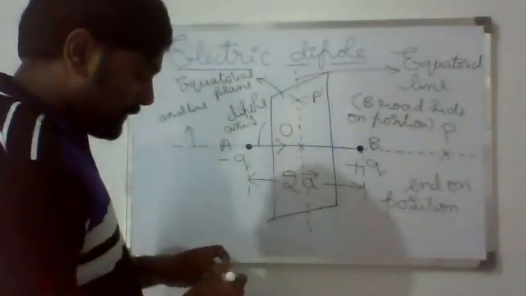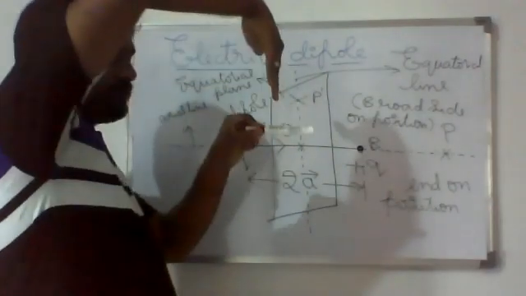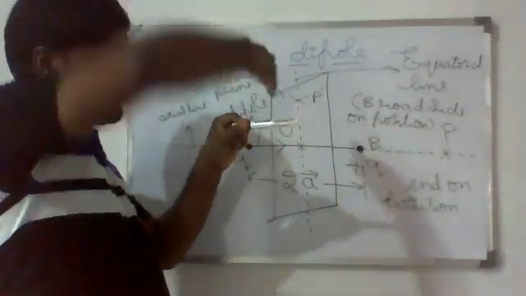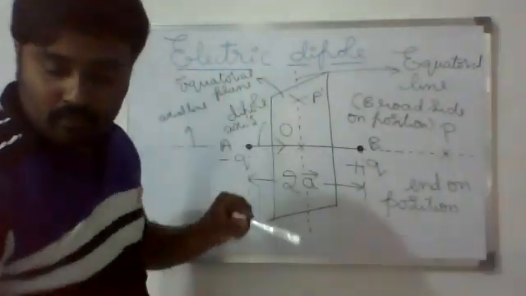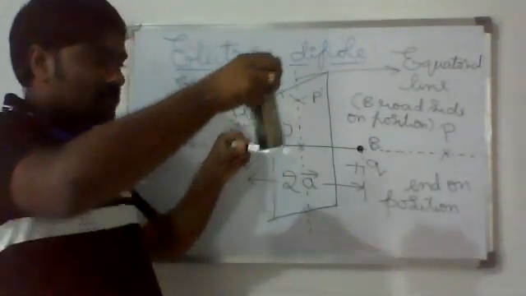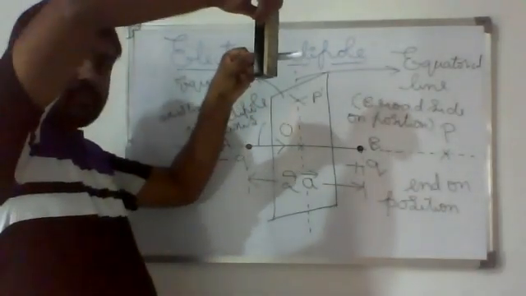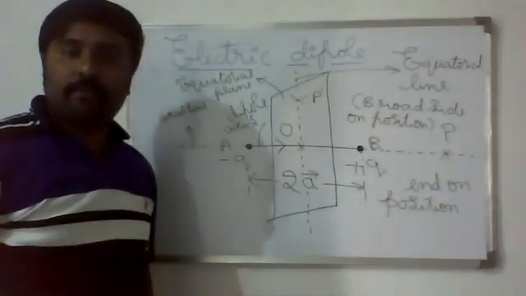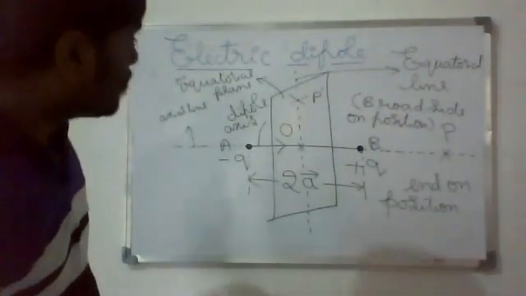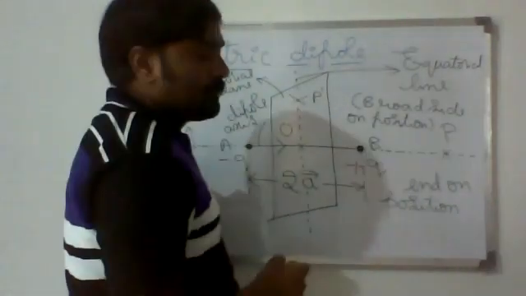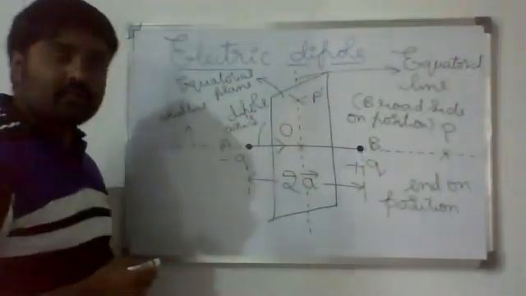It is a plane that just passes through the center of the electric dipole, like this. For example, this is a plane that just passes through the center of the electric dipole. So this is called the equatorial plane. And the point on the equatorial plane is also called the broadside on position.